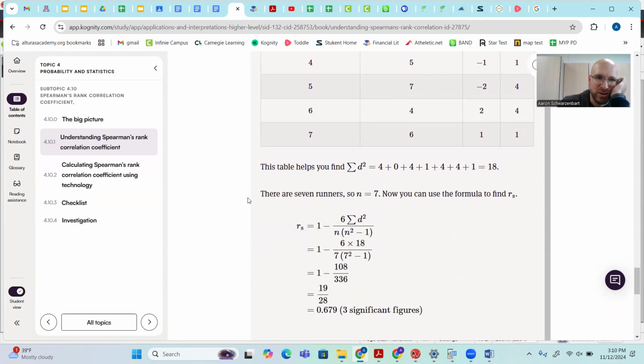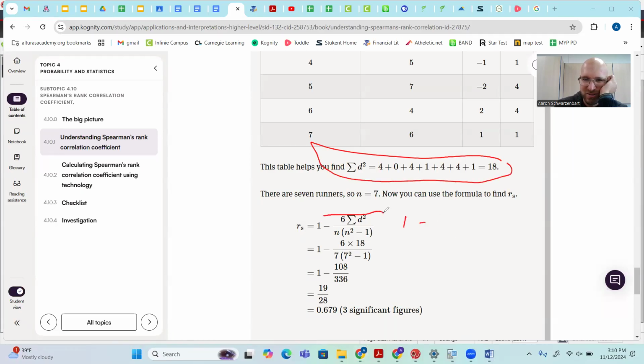So using my formula, I'll write it out. This is the sum of the D squareds. My formula was 1 minus 6 times 18 over, there's 7 in my data set, 7 squared minus 1. N was 7 for both of these.